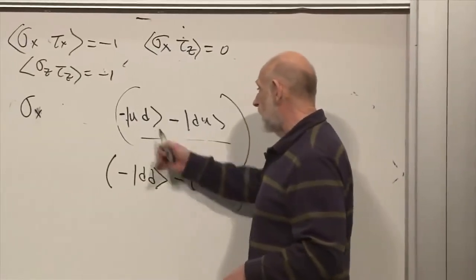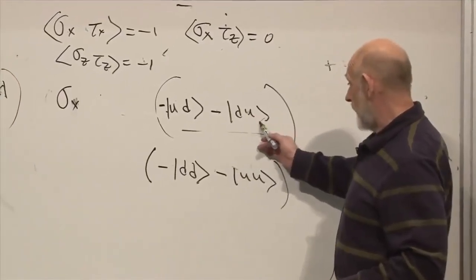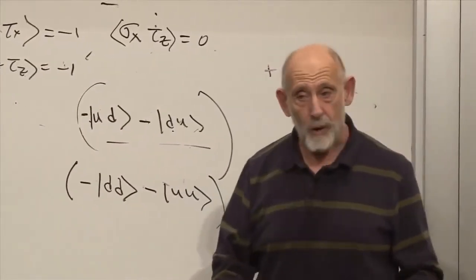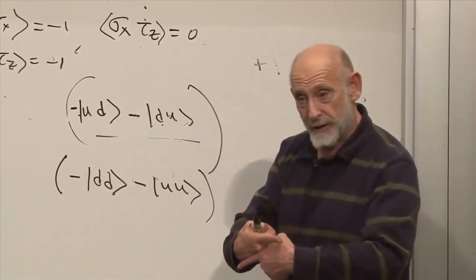It's obvious here that for the z component, they're oppositely oriented. This is opposite to this. This is opposite to this. So in any of the component state vectors here, they're oppositely oriented.